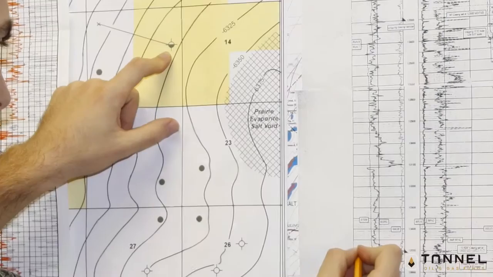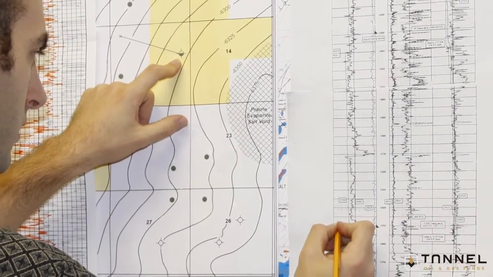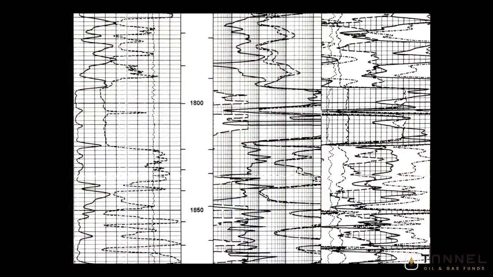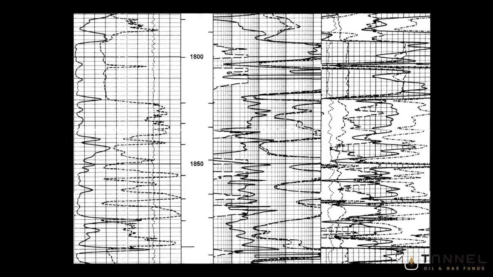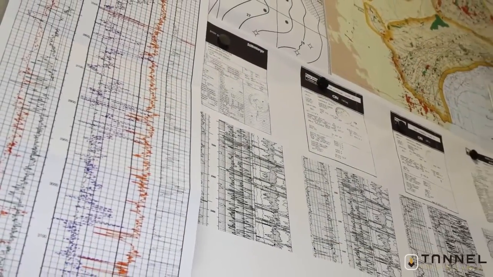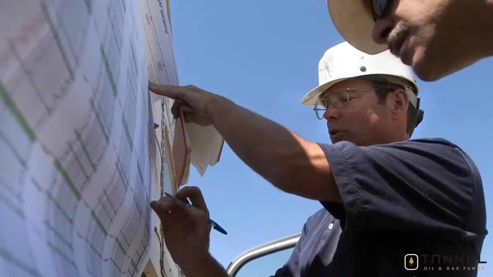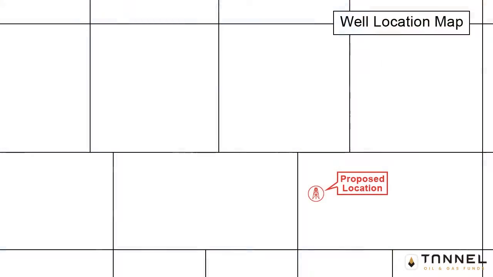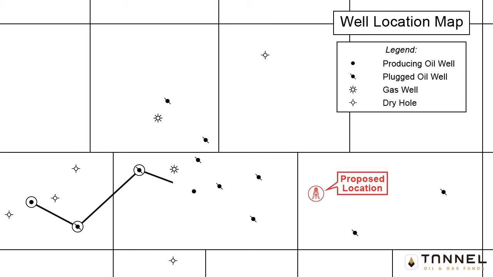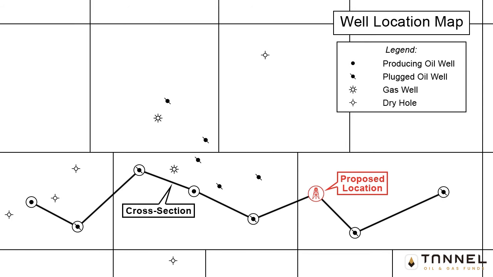When trained geologists look at well logs such as this, there is enough information for them to literally envision what the subsurface looks like. Because most wells are logged, oil and gas companies can research these logs to evaluate prospective drilling sites. When a company plans to drill in a new area, they can look at the logs of nearby wells called control wells.